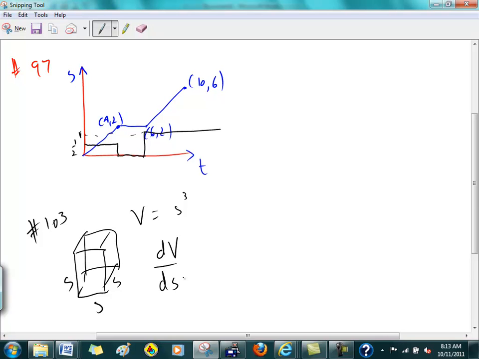That's what the rate of change is. Normally it's with respect to time, but now it's with respect to S. When the sides are changing, the volume is changing as well, right? So they want to find out what is the rate of change of the volume as the side is changing. Okay, so if you differentiate this, what do you get?